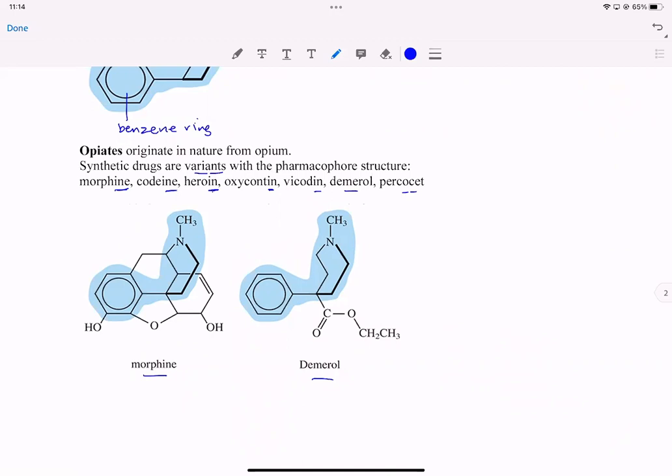So morphine has this pharmacophore structure with the benzene ring, and then a nitrogen group at this angle above it. So that's the amine group. And then this Demerol, also a pain reliever to a much greater degree than the pain relievers that we saw with the common analgesics, with the ibuprofen and the acetaminophen.